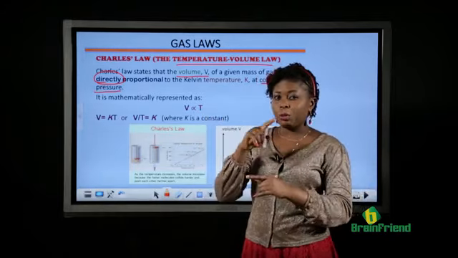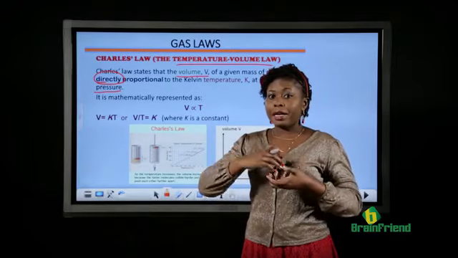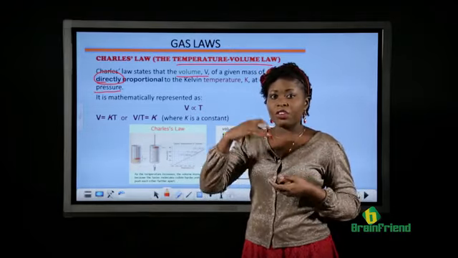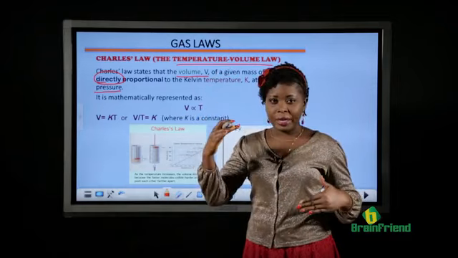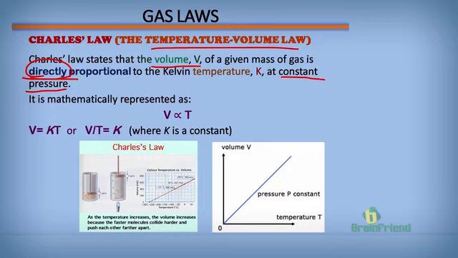When it is indirectly proportional, as we saw in Boyle's law, they are in opposites. One variable going up and the other one coming down. But here in Charles' law, the volume to temperature relationship is directly proportional. So as one is increasing, the other is also increasing, and as one is decreasing, the other is decreasing.